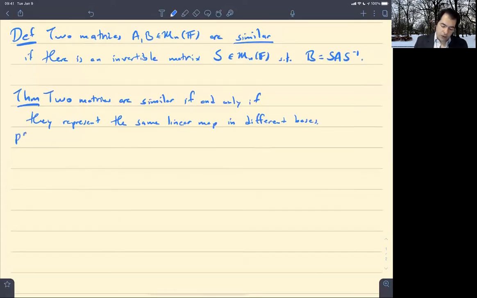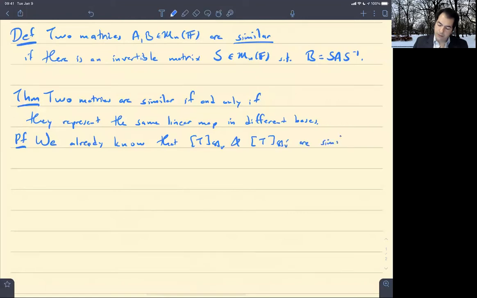Okay, so it's an if and only if, so we need to prove both directions, but we already know that the matrix associated to T with respect to the basis B and the matrix associated to T with respect to the basis B prime are similar. So we just need to prove the other direction.